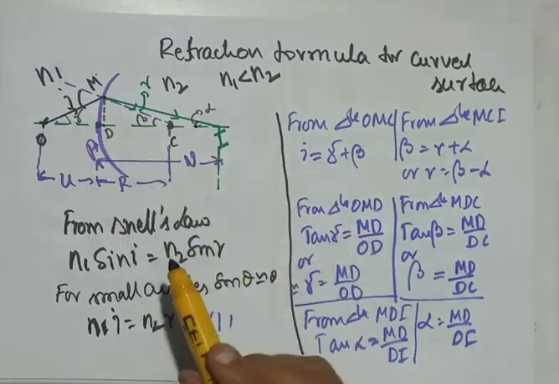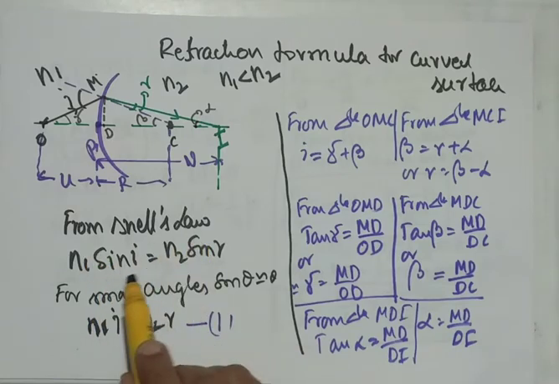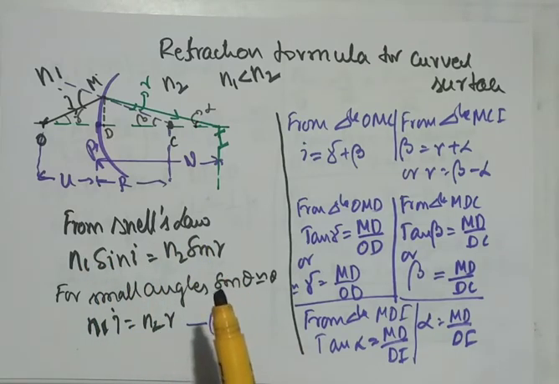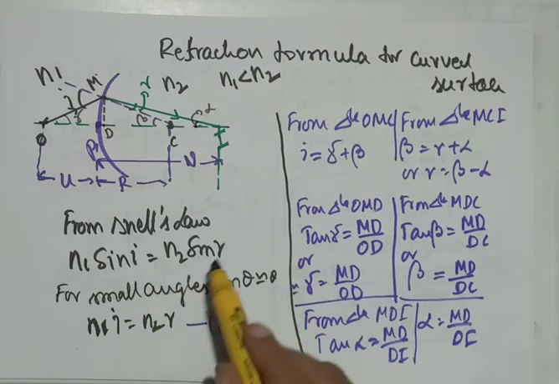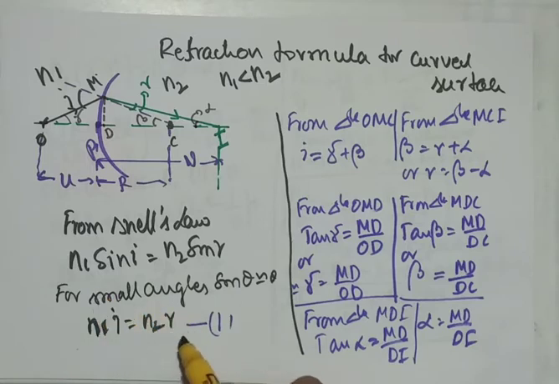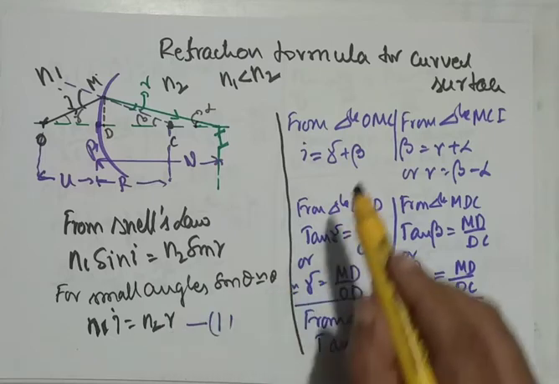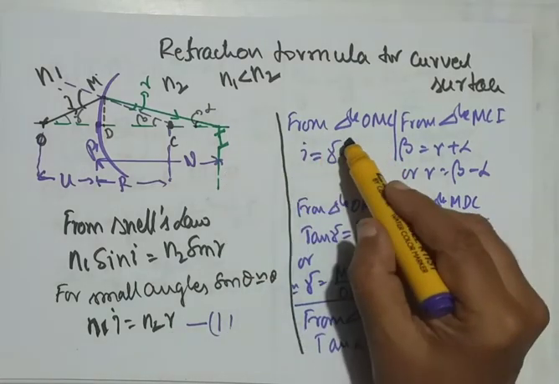Now with this figure, from Snell's law we know n1 sin I equals n2 sin R. And for small angle, sin theta is theta, therefore sin I is I, sin R is R, therefore n1 I equals n2 R. Now for writing I and R, we have to go for the exterior angle property of the triangle.